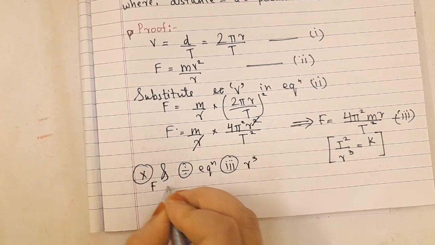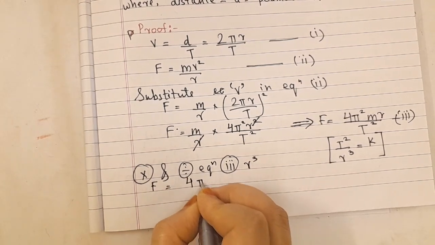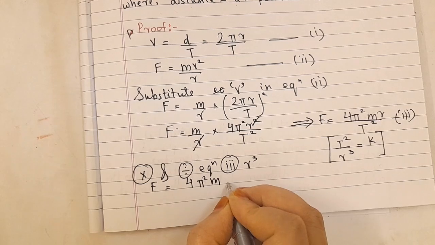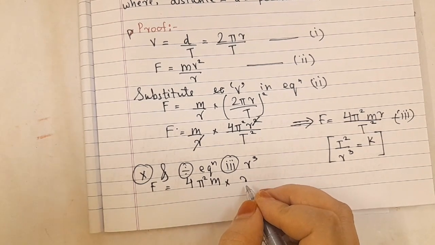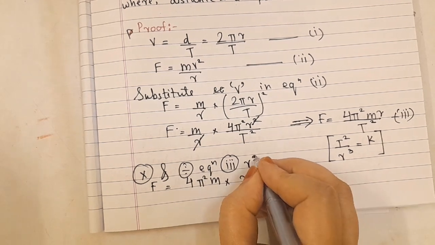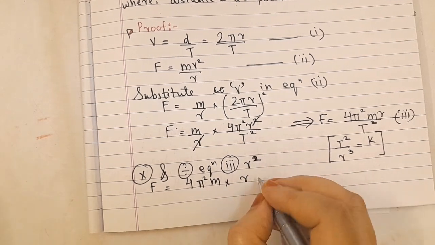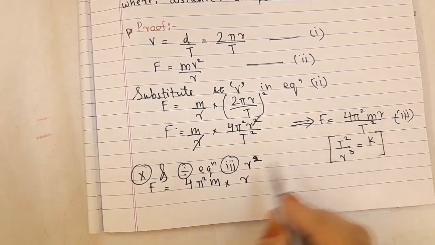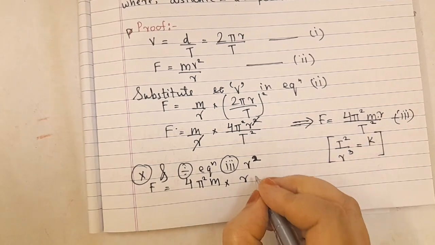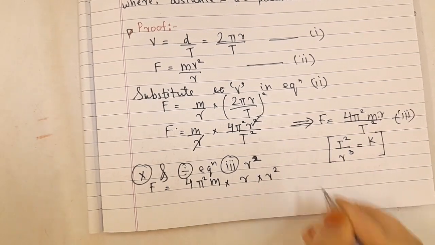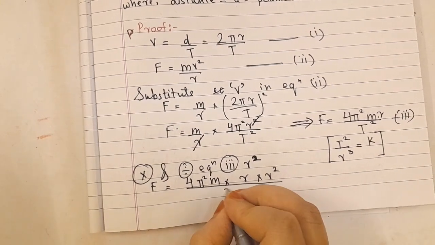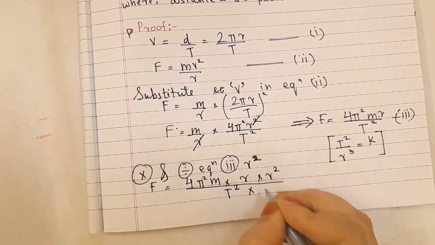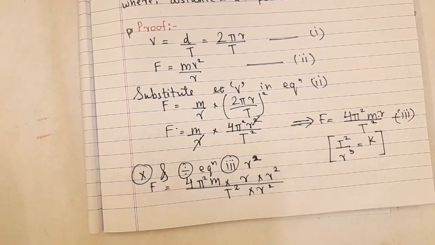So F is equal to 4 pi square m into, we are multiplying and dividing with r square, student, not with r cube. Now here we have r into r square upon t square into, again, r square.